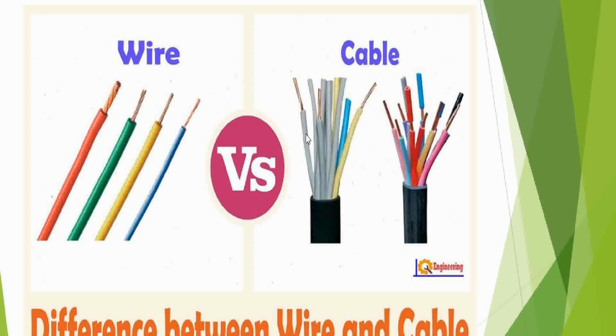Inside any cable, the conductor is surrounded by a metallic sheath. What is the purpose of this metallic sheath? This metallic sheath is used to protect the cable from moisture, gases or other damaging liquids.